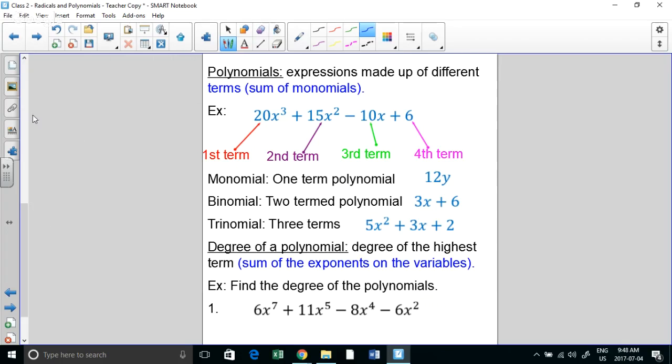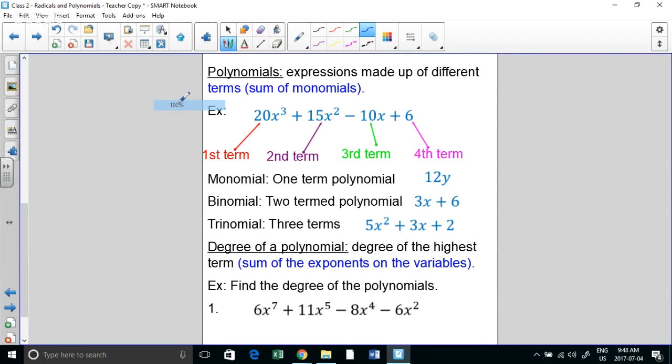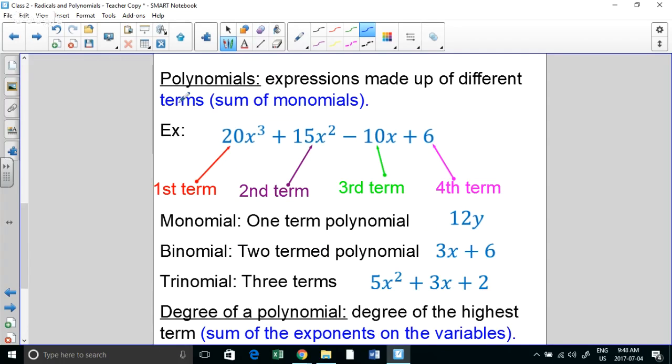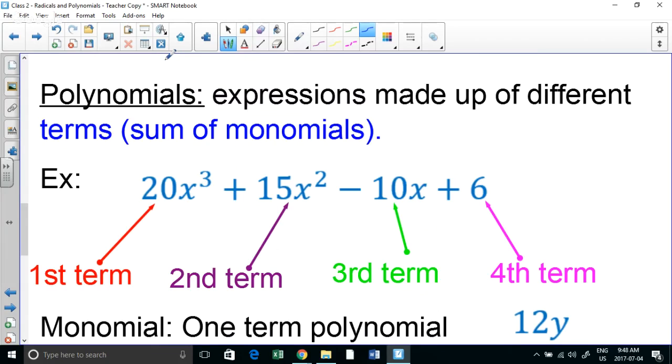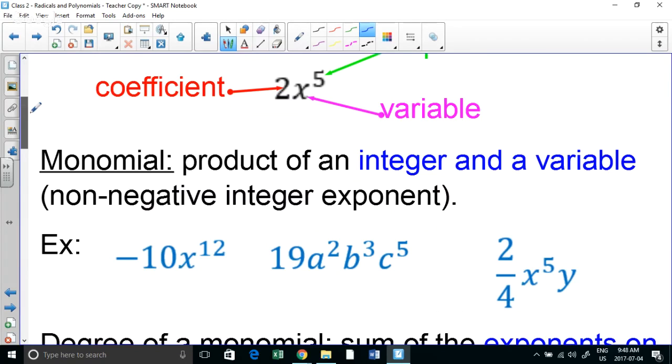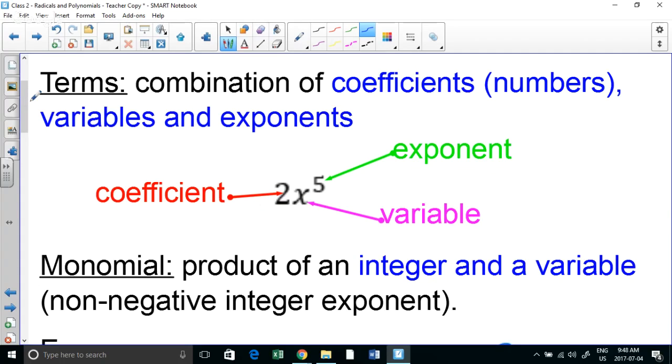All right, let's get started. So just to go over, like I said, this stuff should be reviewed, so we're just going to go over it quickly. Terms are combinations of coefficients, which are numbers, variables, and exponents.